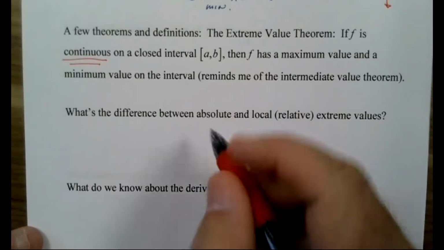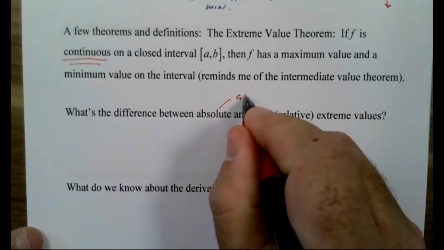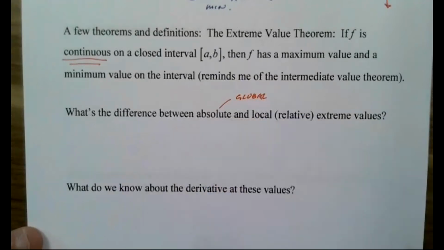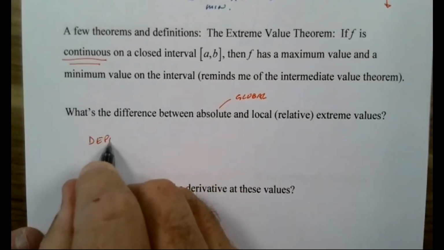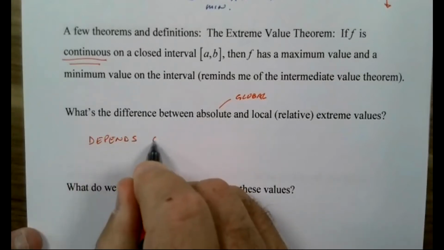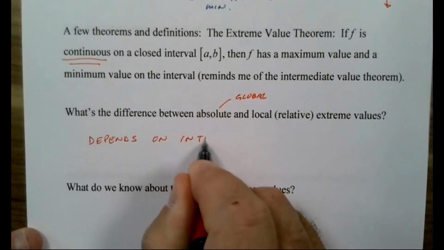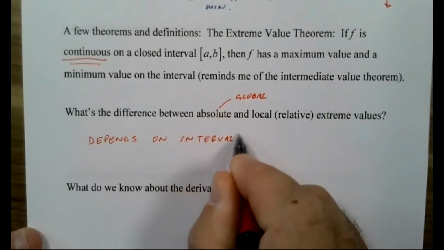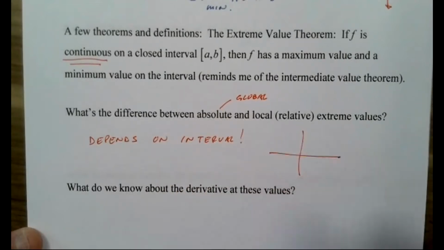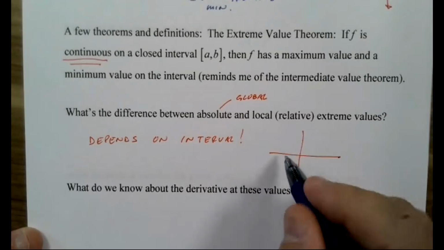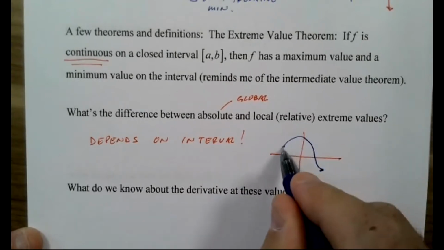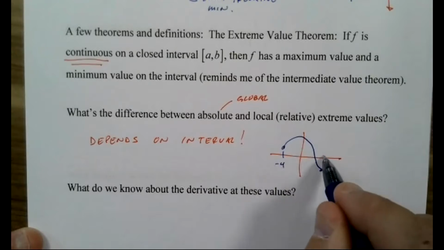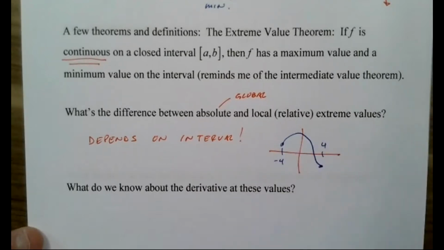I've already answered these questions. What's the difference between absolute, or global, and local or relative extreme values? I'm going to just say it depends on the interval. Let's say it's from -4 to 4, something like that. I'm making stuff up as I go along.